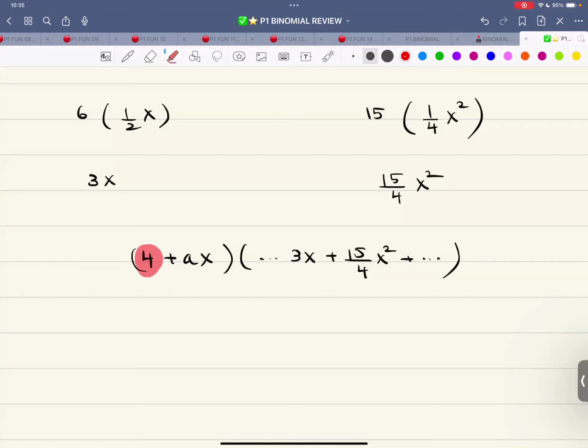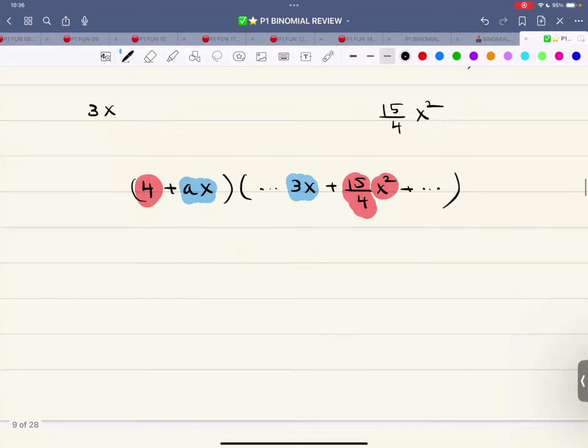So let me choose 4, multiply with 15 over 4 x square. Let me choose ax, multiply with 3x. So therefore, this is 4 into 15 over 4. I'm focusing on the coefficient of x square. 4 into 15 over 4, a into 3.